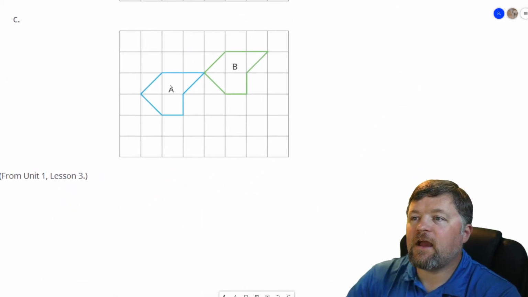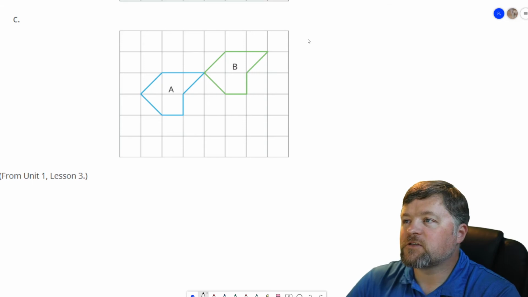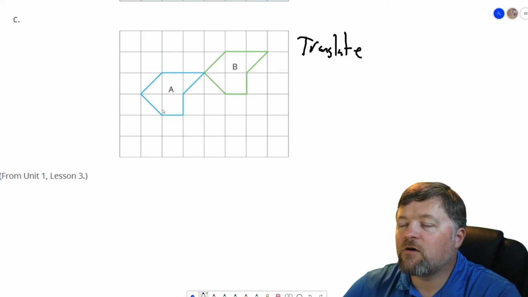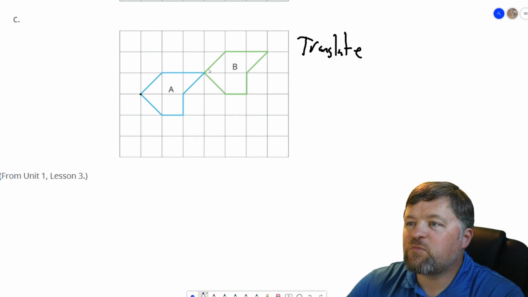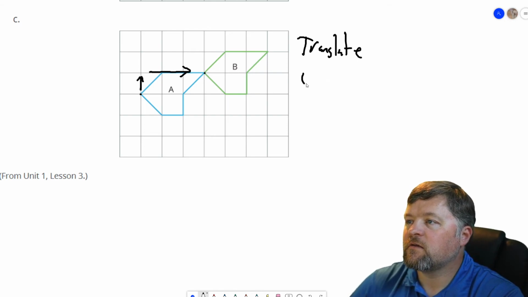Okay. Problem C, how do we transform figure A and get it onto figure B? That looks like a translation. And we need to go how far? Well, if I want this point to get here, I need to go up 1, and I need to go right 3.